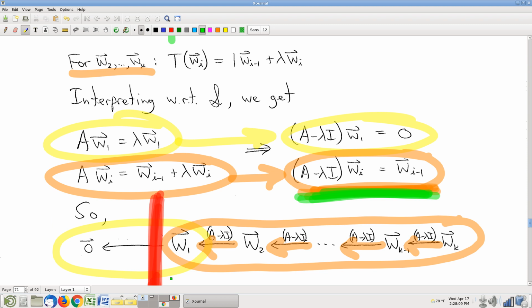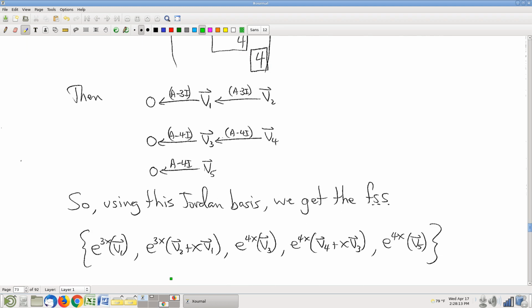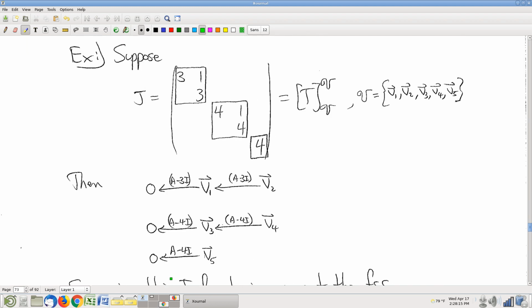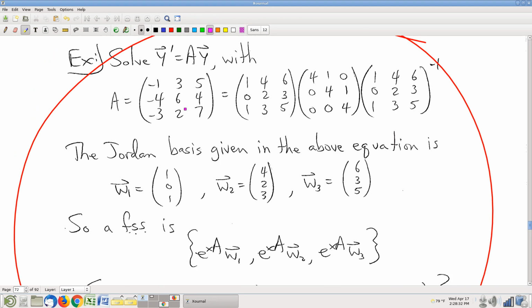So, for example, let's look at this example right here, where there are multiple blocks. Here's our first Jordan block, here's our second, there's our third. Compare our first example, where there was just the one Jordan block.